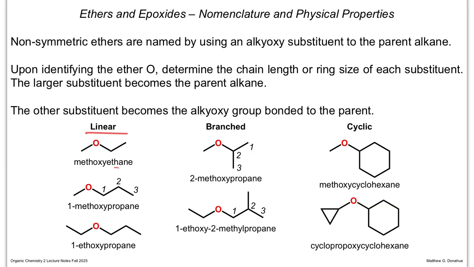So for this linear case, the longest chain is 2 carbons, so that's the parent ethane. And then we're going to use the 1 carbon chain as a substituent, so methoxyethane.